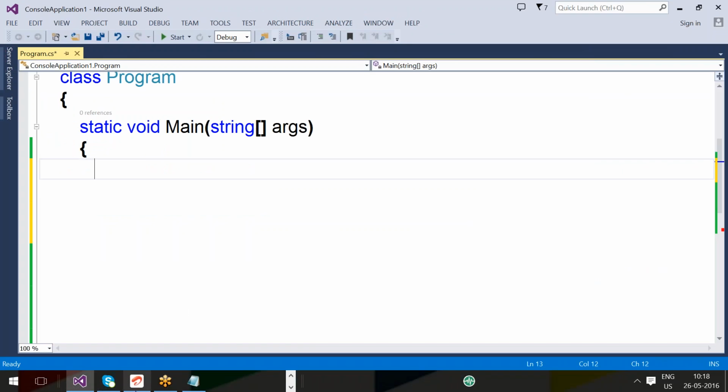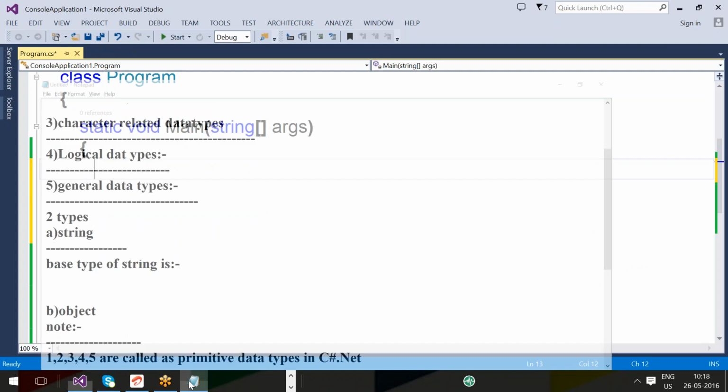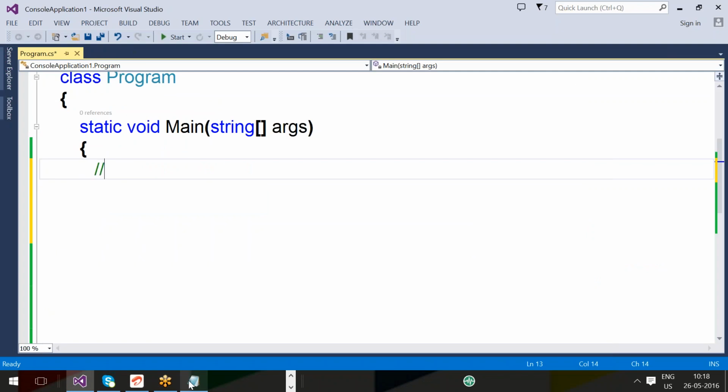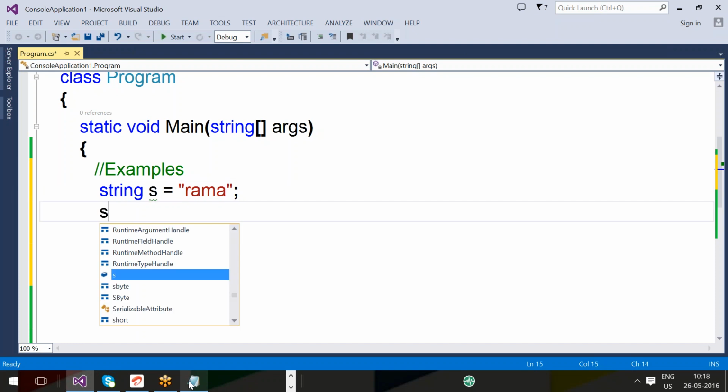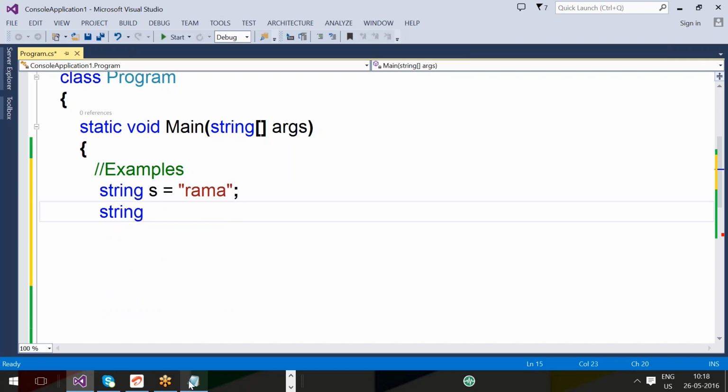Now the examples. String s equal to Rama. Valid or invalid? Valid. Next, string s2 equal to Rama123. Valid.